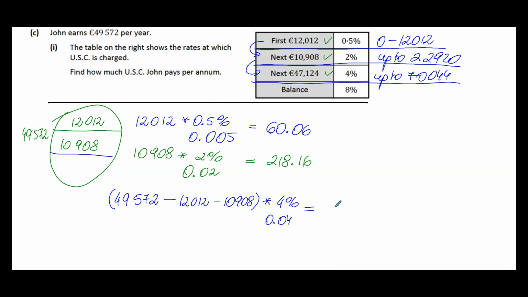And again, we put that in the calculator and we get 1,066.2. Now we have to find the full amount. So now we just have to add up those three values. We put them in the calculator, we press equal, and we get 1,344.3. So that's the first part.